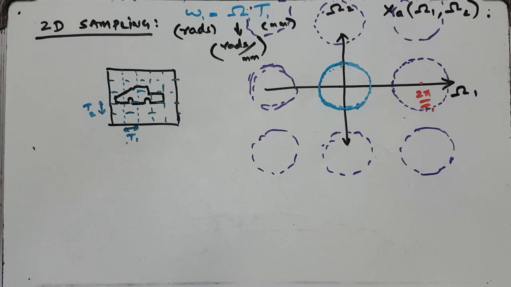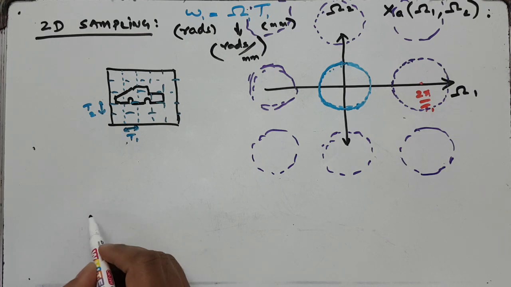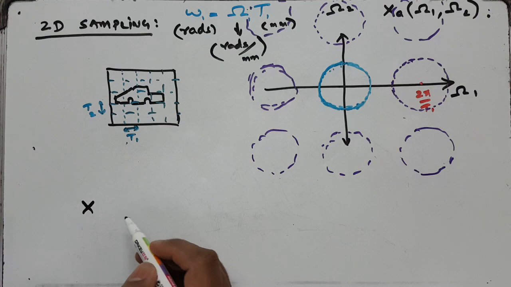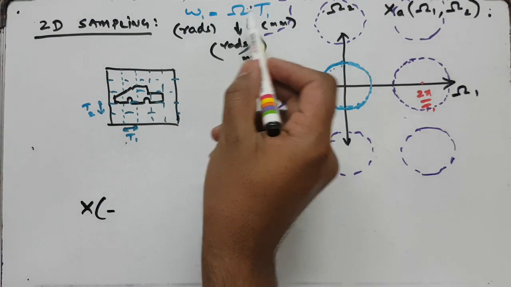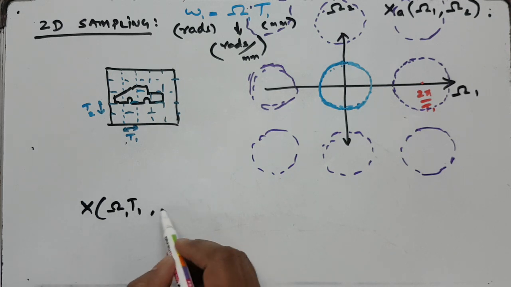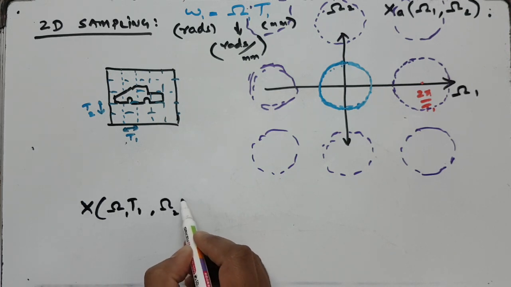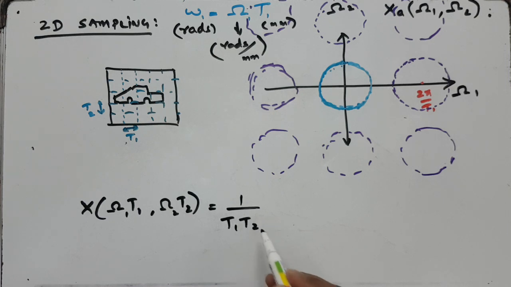And the equation that governs this transform is X of, so this is W1, but now I'm using omega 1 T1. So this is a 2D Fourier transform, omega 2 T2, which is equal to 1 over T1 T2.